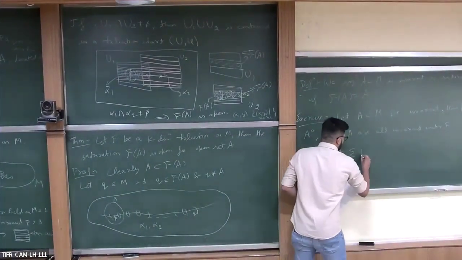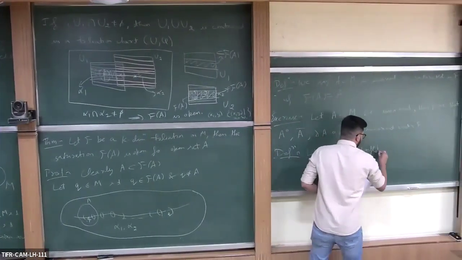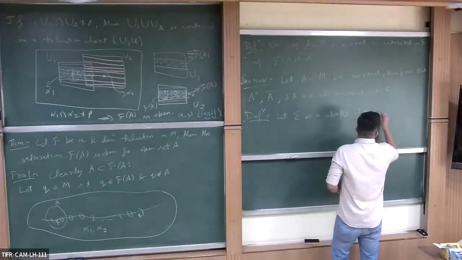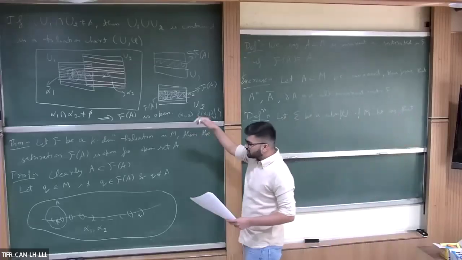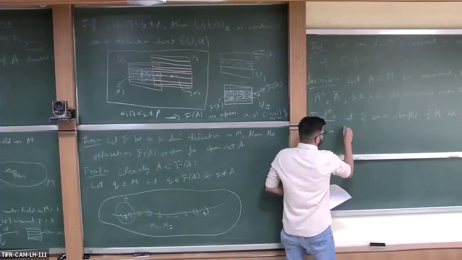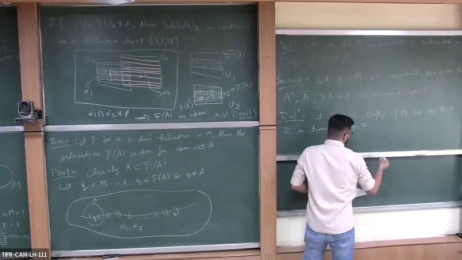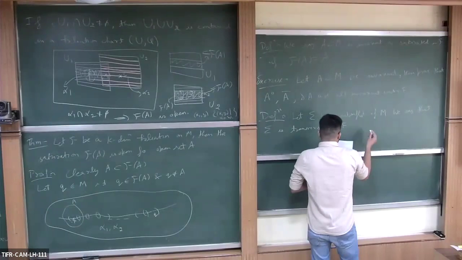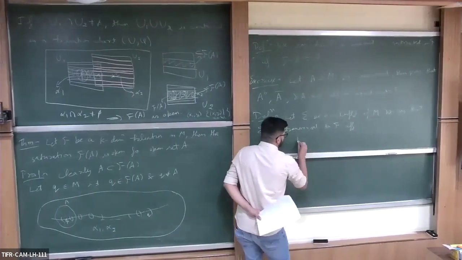Let me give you another definition. Sigma is a submanifold. I'm using this term transversal, although I have not defined it, so let me define this term properly. We say that sigma is transversal to the foliation if this condition is satisfied.